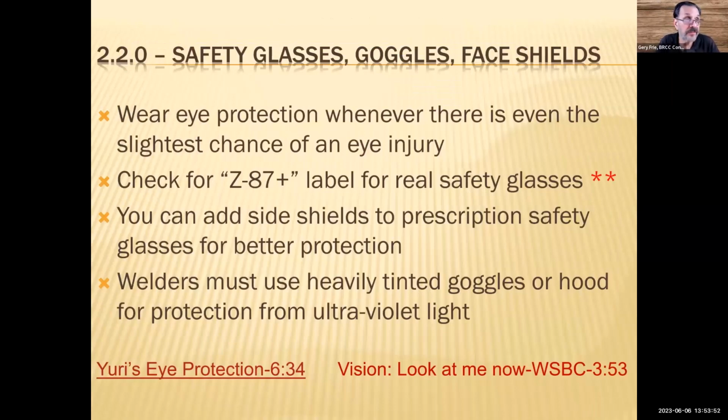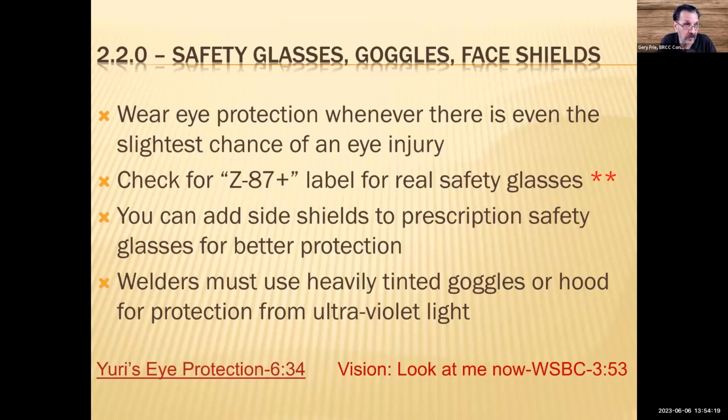Safety glasses, goggles, and face shields. Well, for eye protection in general, when there's even the slightest chance of eye injury, you should be wearing eye protection. So check for the Z87 Plus label, the ANSI label. The American National Standards Institute, they have this standard for testing of safety glasses that proves that they are up to snuff, that they're up to specs.